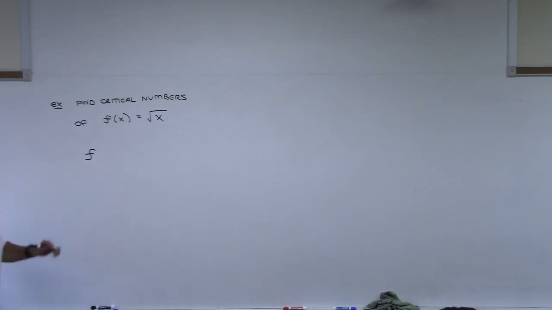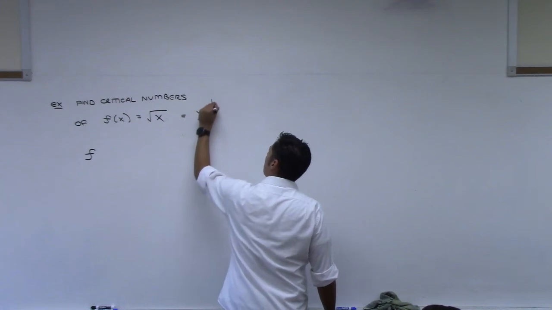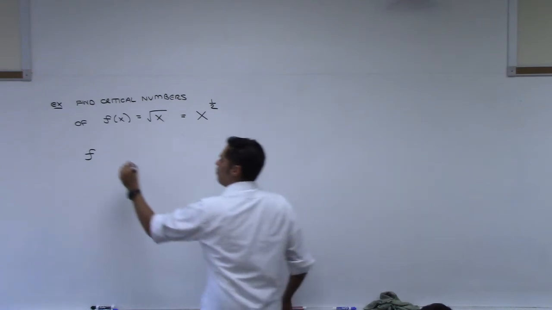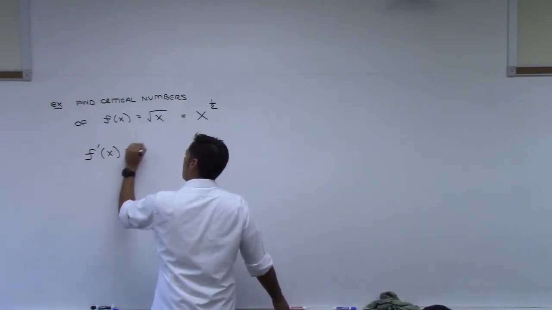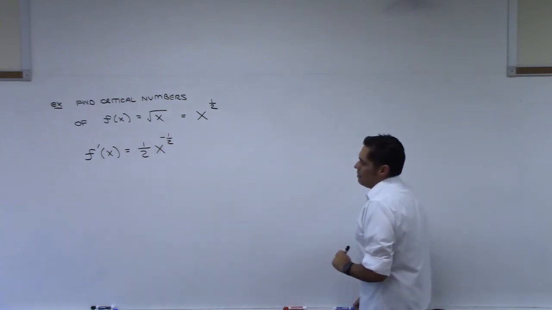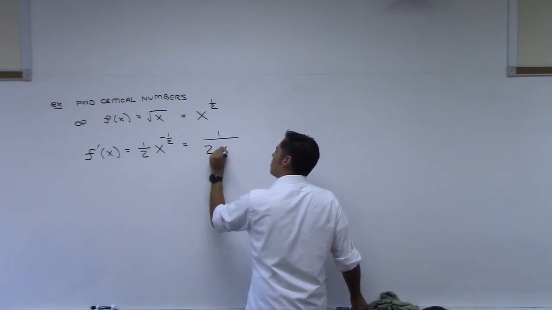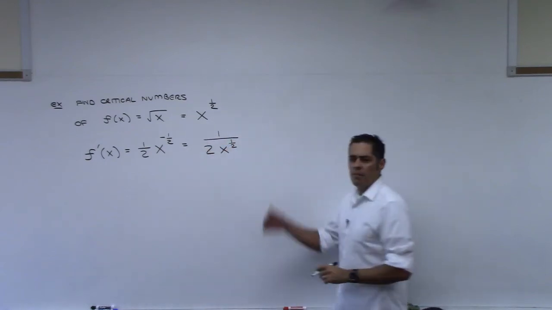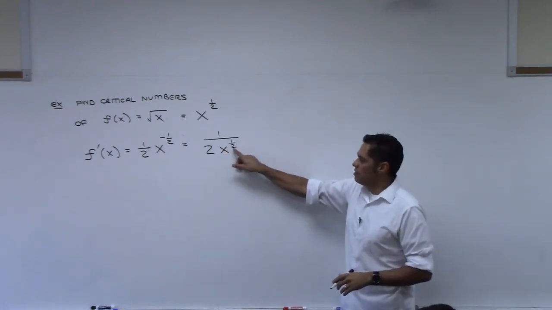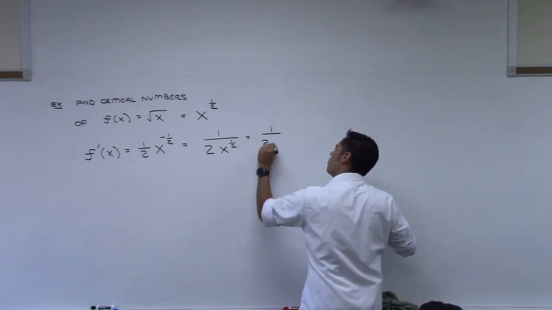If I'm going to take the derivative of the square root of x, I should remember that that's x to the 1/2 power, and then take its derivative. So the derivative will be 1/2 x to the negative 1/2. And that is the same as 1 over 2x to the positive 1/2, because remember, a negative exponent means you can drop it down. And then x to the 1/2 really just means square root of x. So this is just 1 over 2 root x.